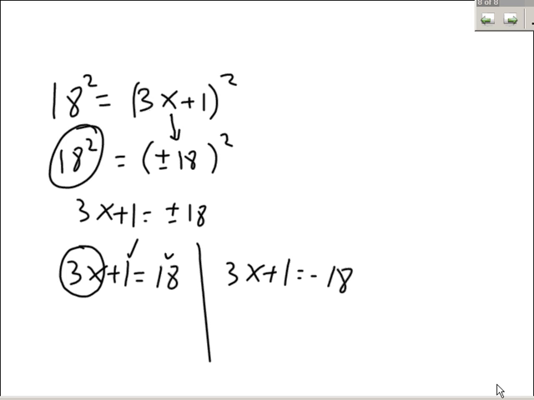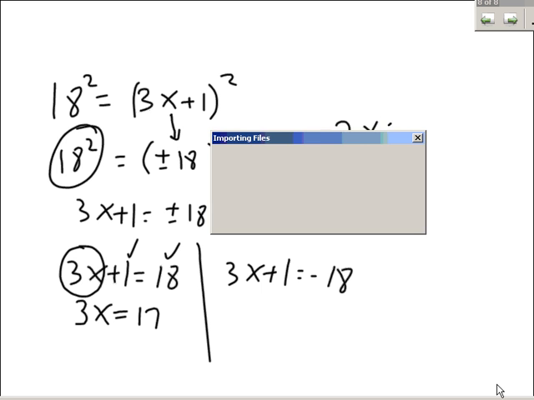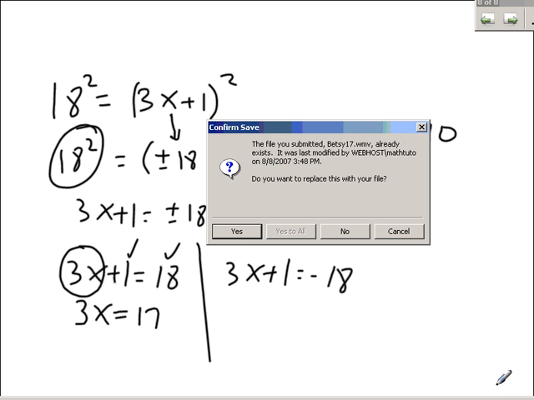17 plus 1 equals 18. 3x is 17. If 2 times 5 equals 10, for example, 10 divided by 2 equals 5. Always.